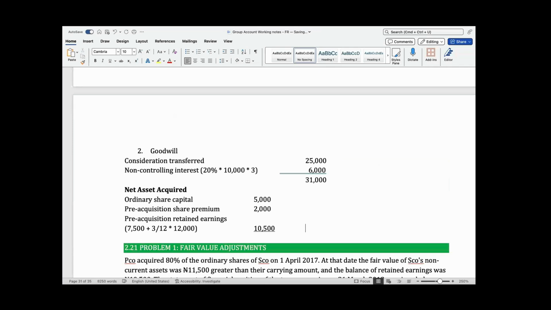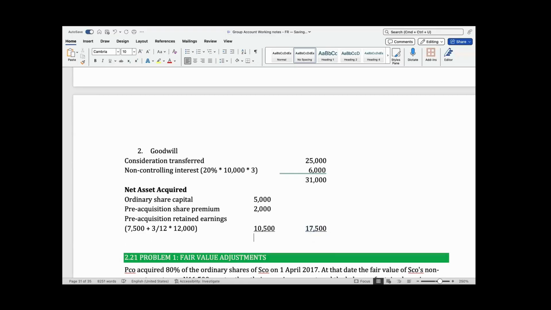Okay. So what's the addition of these three? 17.5. So what's my goodwill? 13.5.